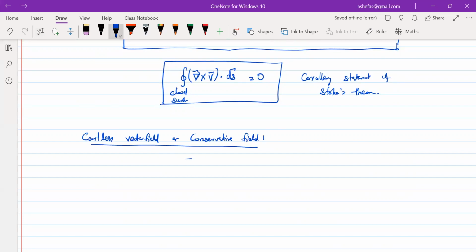Curl-less means del cross V equal to 0. So del cross V equal to 0 implies the closed integral of V dot dl equal to 0. So that means V is conservative, or V is curl-less.